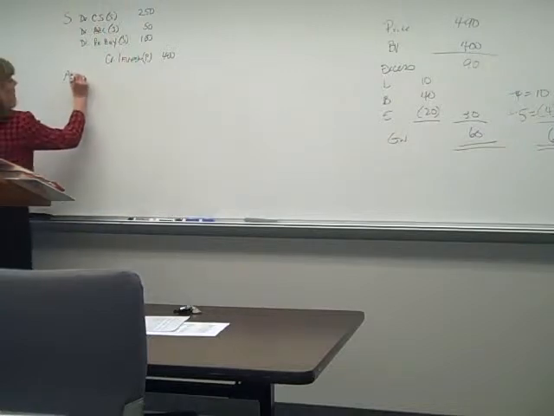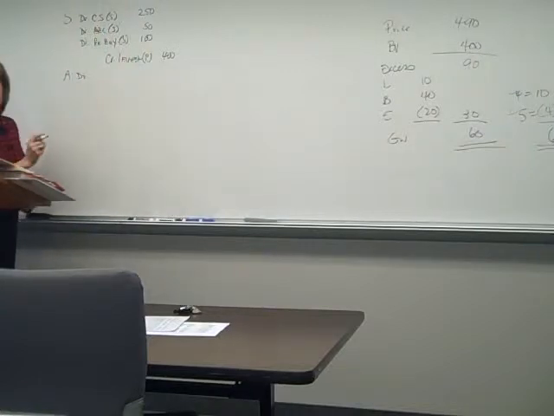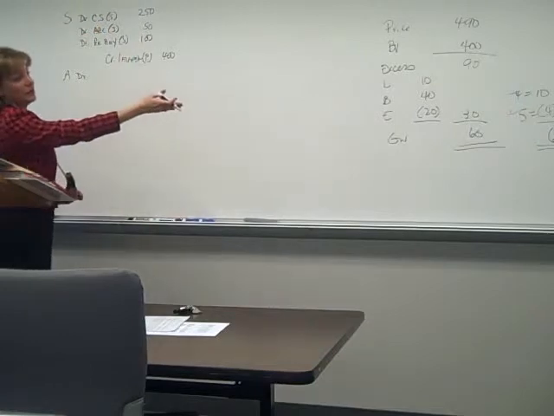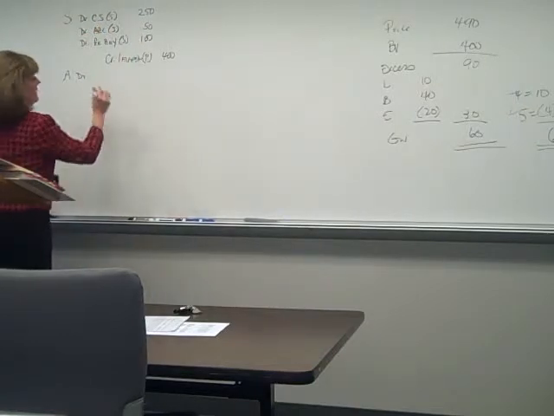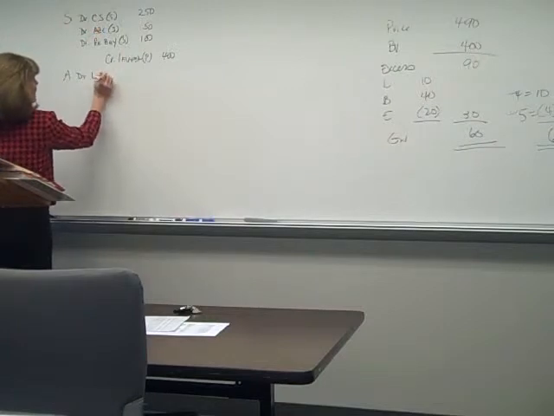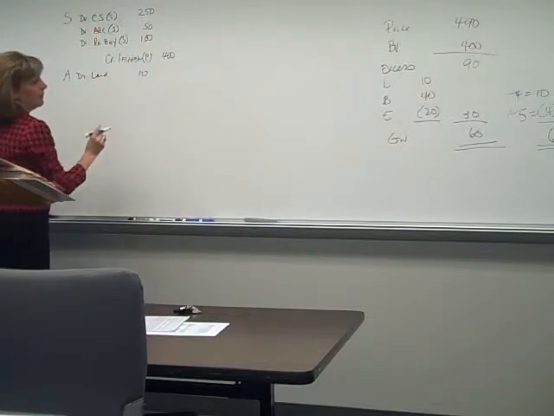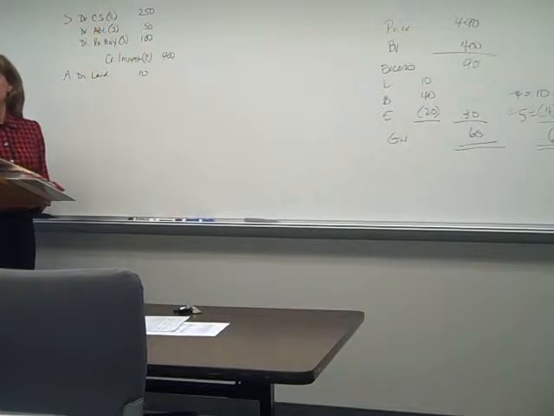Okay. For the A entry, we go to our DDES. Our source is the DDES. We've got it right there. And so we debit and credit things like land for 10, and it's the DDES amount minus prior year's amortization. There are no prior years.